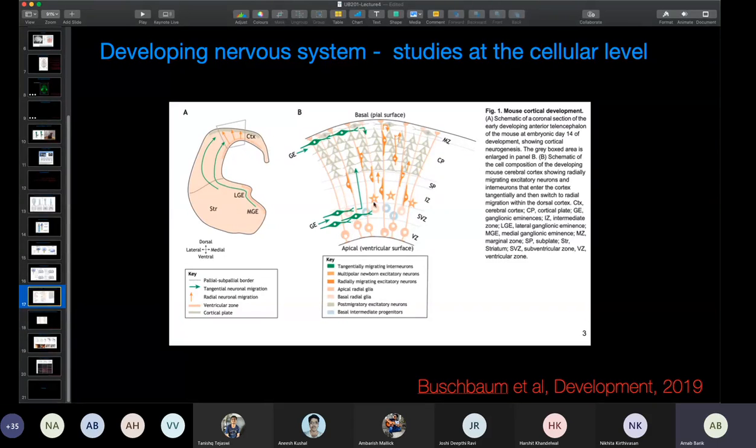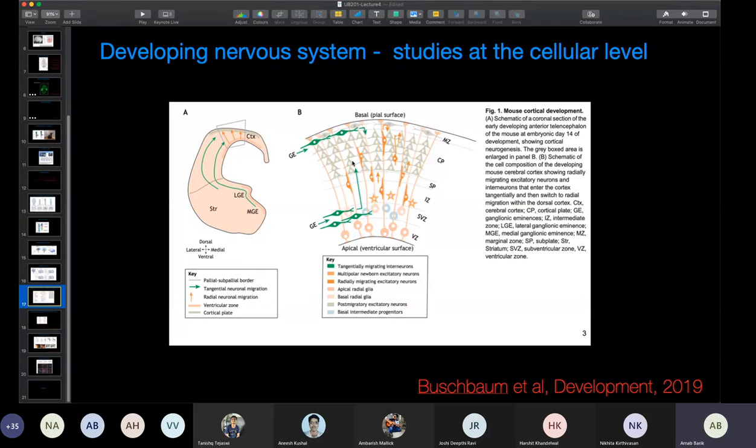There are these radial glial cells, which later die or metamorphose into astrocytes. But in embryonic development, these radial glial cells become the road for the cortical neurons to migrate along and settle down in layers. That's one of the mechanisms by which cells migrate to where they should be.